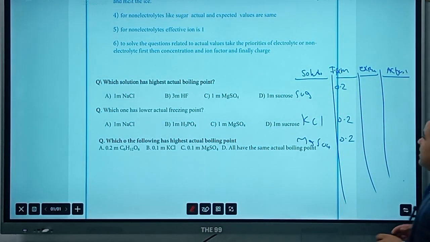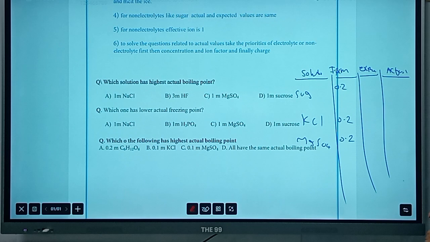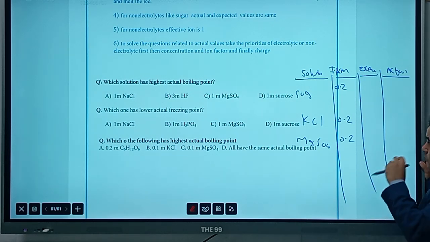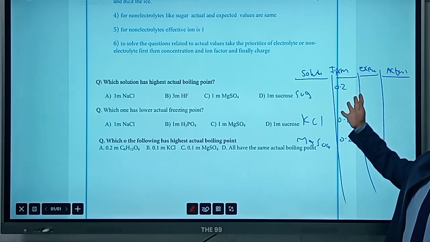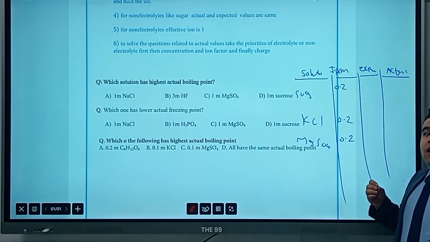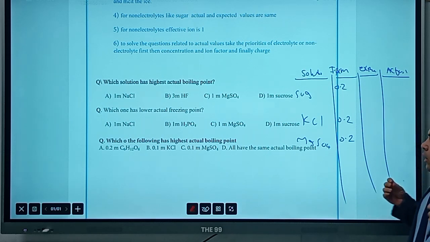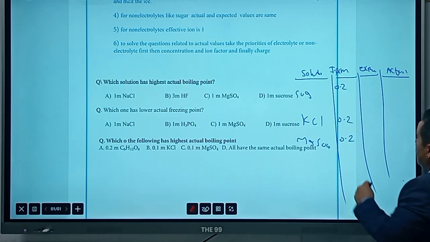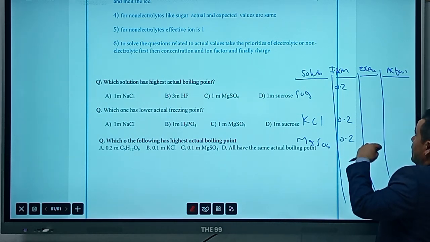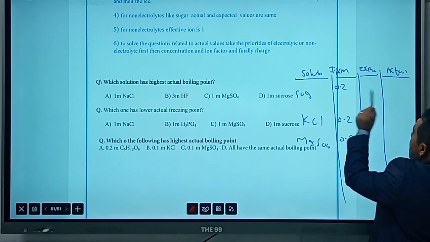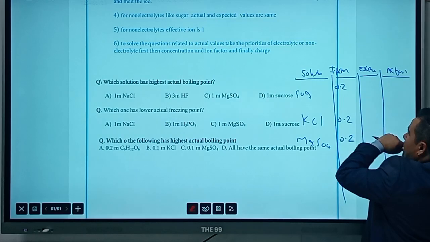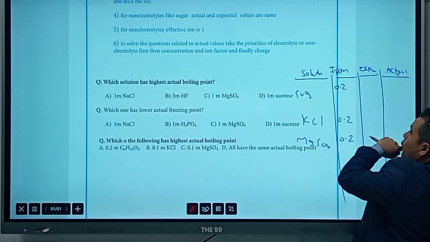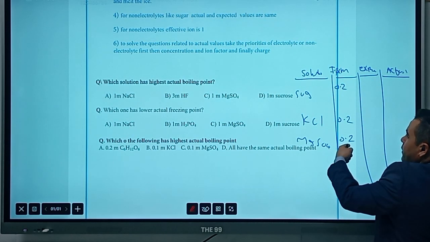What will be the expected boiling point, guys? In order to get the boiling point, we have to multiply the ion factor and the molarity with the Kb, and then add 100. The Kb multiplied by each of these values, 0.5 multiplied by 0.2, you get 0.1, 0.1, 0.1.